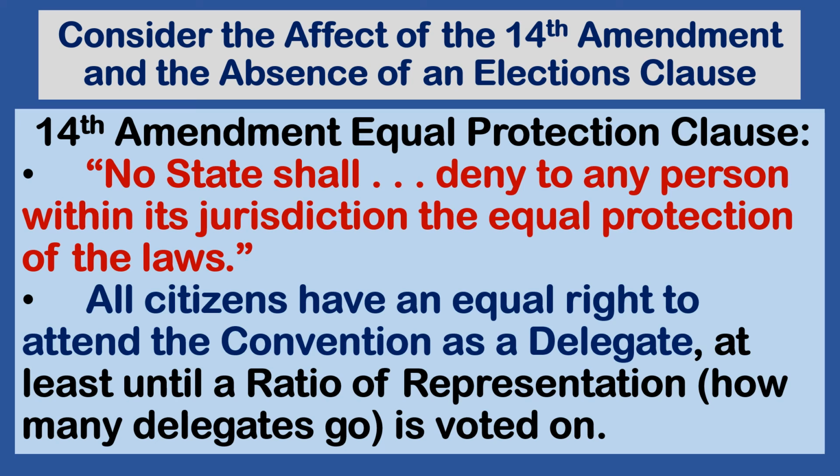Because there is no elections clause in Article 5, that would mean that all citizens have an equal right to attend the convention as a delegate, at least at the first meeting, at least until a ratio of representation is voted on, at least until there is some vote by the entire nation as to how many delegates should be attending a constitutional convention, how robust the representation should be.